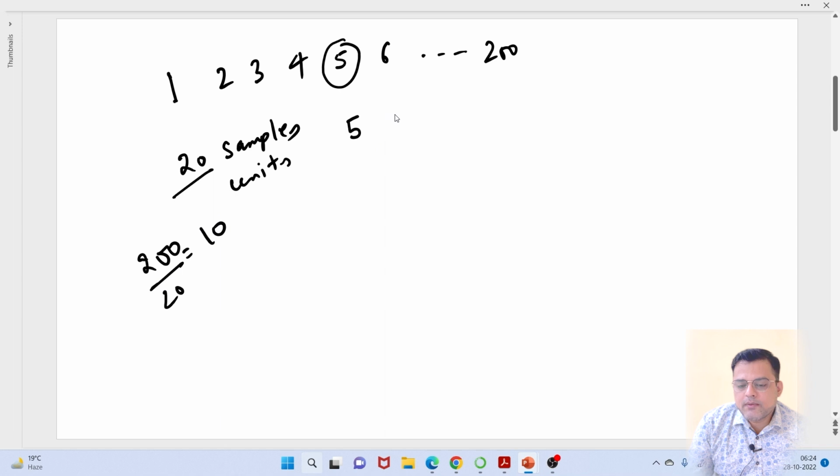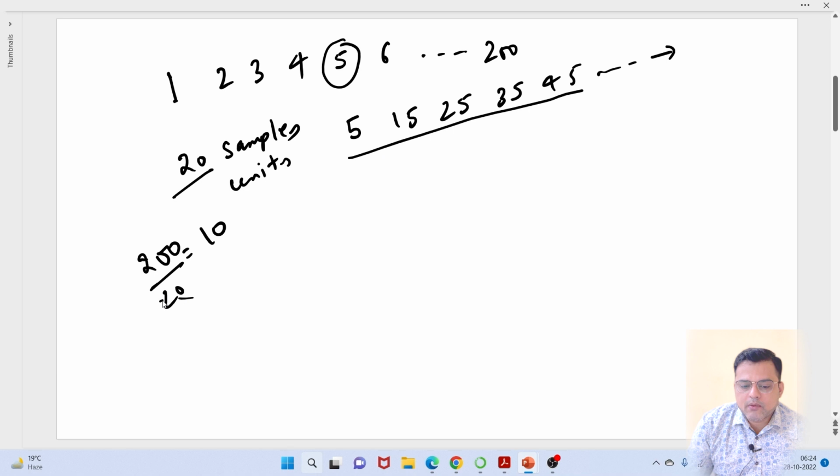So the next number will be 15, then 25, then 35, then 45, and so on and so forth till 20 numbers. So in this case, I am trying to get 20 numbers with a gap of 10.